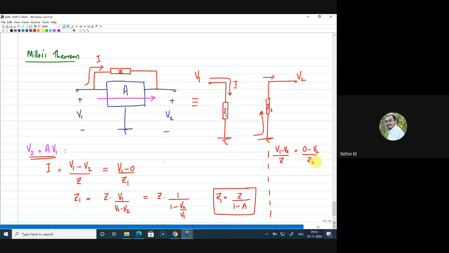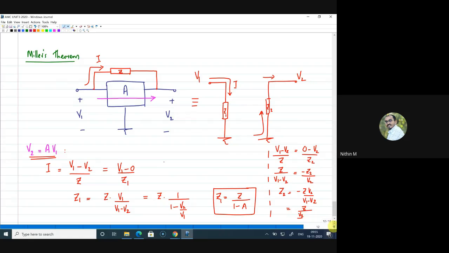So if I rearrange this and take the reciprocal, Z by V1 minus V2 is equal to minus Z2 divided by V2, or I can write Z2 as minus of Z into V2 by V1 minus V2.